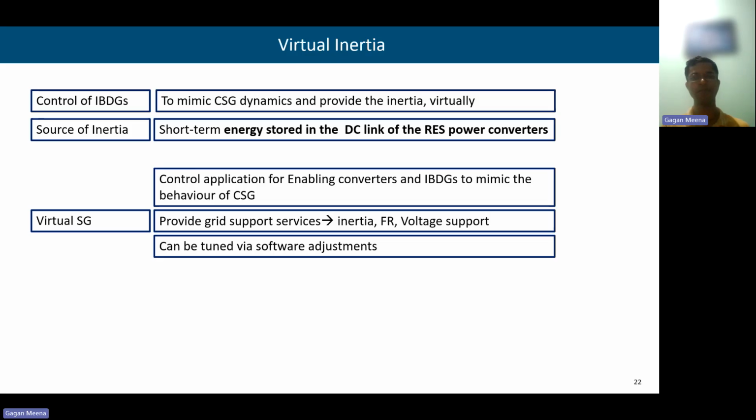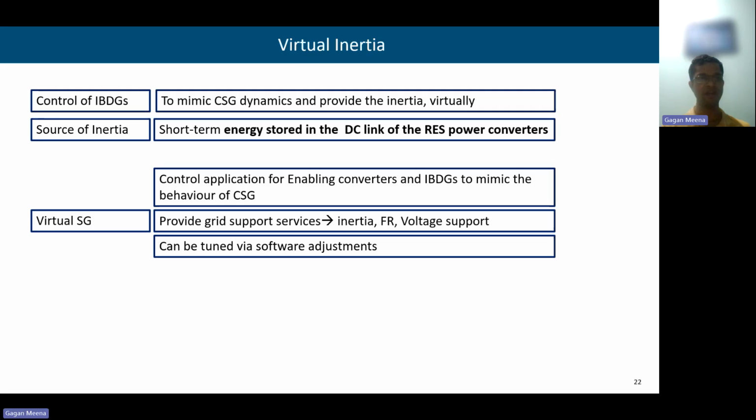And it will provide grid support services like inertia, frequency regulation, and voltage support. One major advantage here is that we can simply tune it using software adjustments. Very easily we can tune it, so that is a very important advantage.